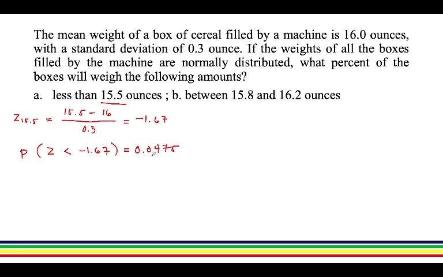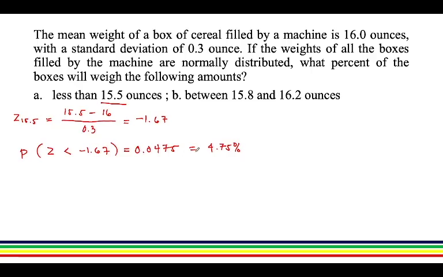Converting this value into a percentage by multiplying it with 100, this will be converted into 4.75%. That means 4.75% of the boxes will have a weight of less than 15.5 ounces.